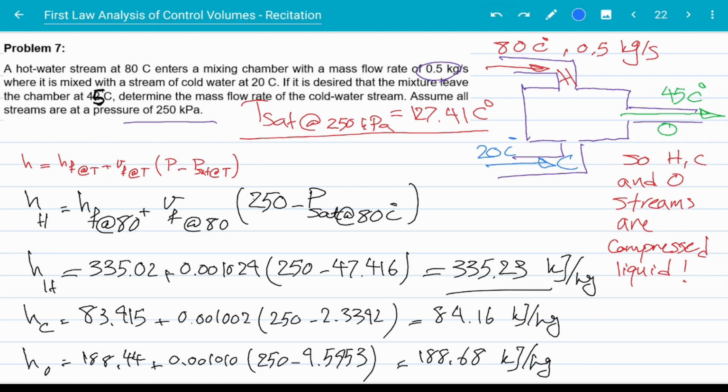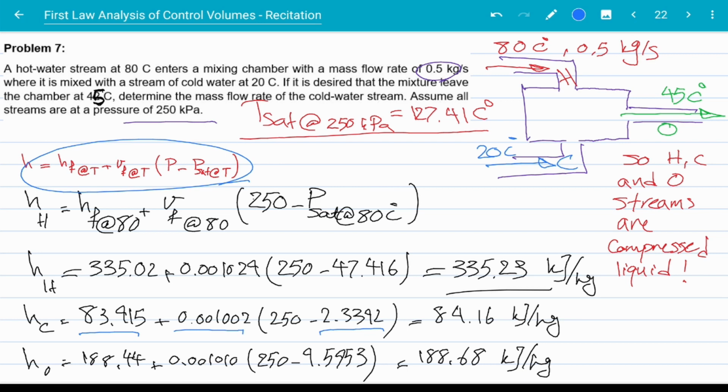Now, we can do the same for the other two streams as well. I didn't write this equation for each stream individually, but you get the idea. For the cold stream, you need to find the h of f at the temperature of the cold, which is 20 degrees. That will be 83. Then check the specific volume at 20 for saturated liquid, and then check the saturation pressure for the temperature of 20 degrees.